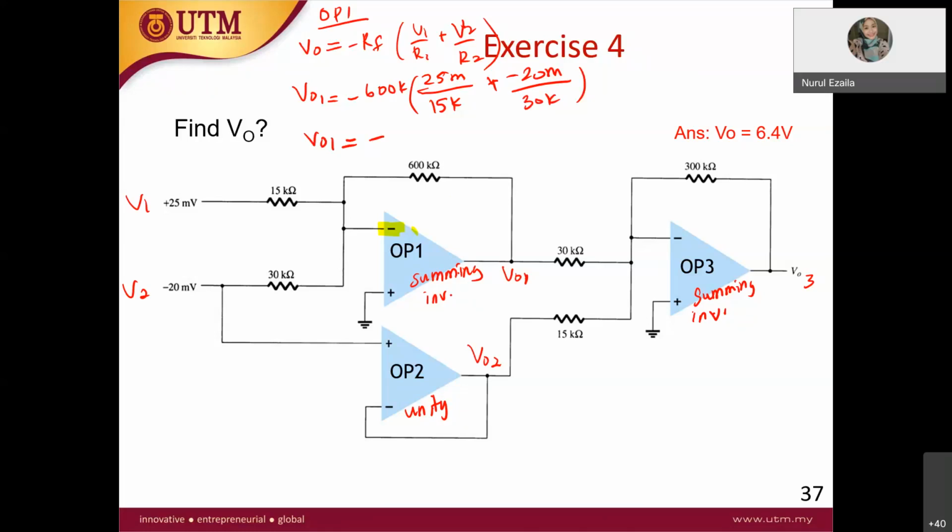I'm waiting for the answer. Negative 0.5?